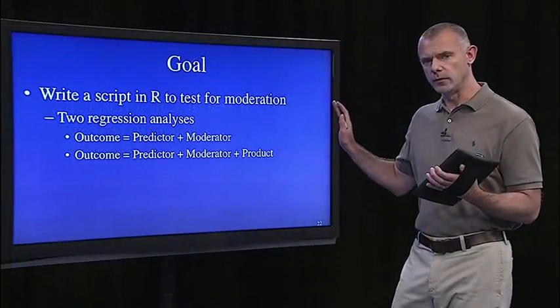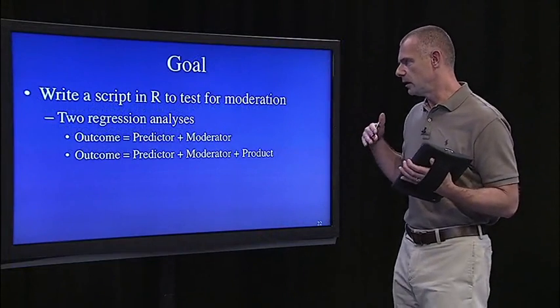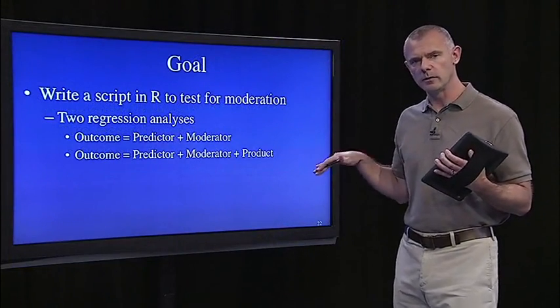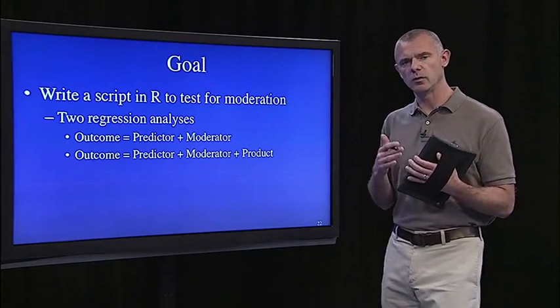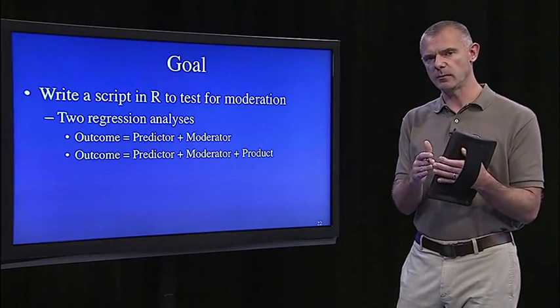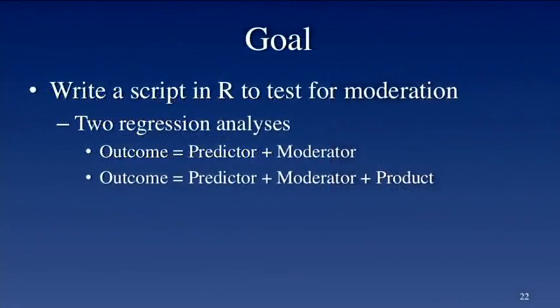The goal for this segment and for this script is to just write a script that will run the moderation analysis. And again, we'll use this same data set, the same example, where we're predicting happiness from extroversion, and now we'll add in socioeconomic status as a moderator variable.